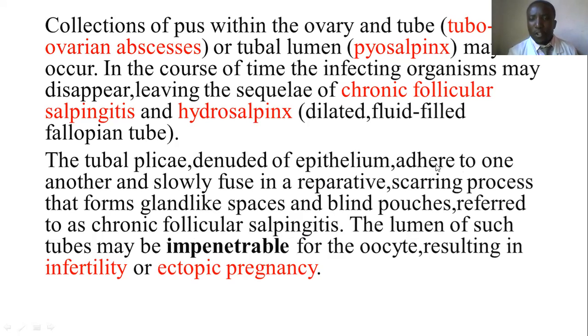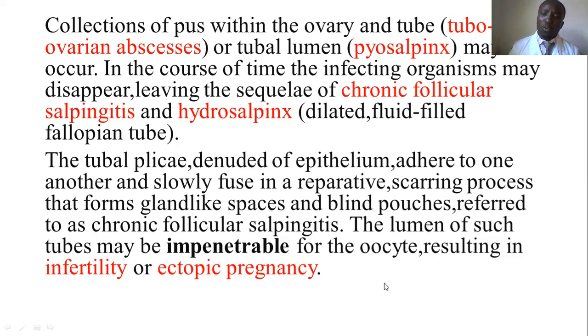Remember, there's adherence, formation of adhesions, because of all these damaged structures. We eventually end up with scars that end up blocking the tube. That is why we are saying that the lumen of such tubes may be impenetrable for the oocyte. The oocyte refers to a mature female egg, a mature ovum. The lumen of such tubes may be impenetrable for the oocyte, resulting in infertility or ectopic pregnancy.